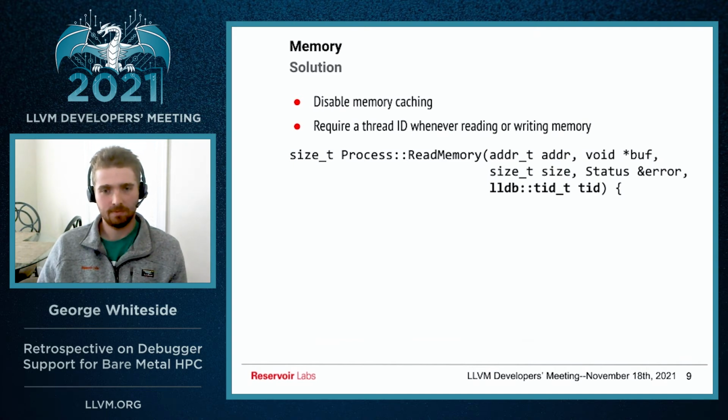execute a memory transaction. For example, this below code is the process read memory function call with the additional hardware context of the thread ID there in bold.